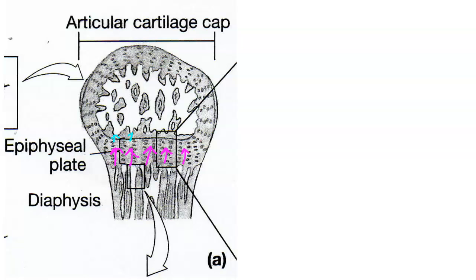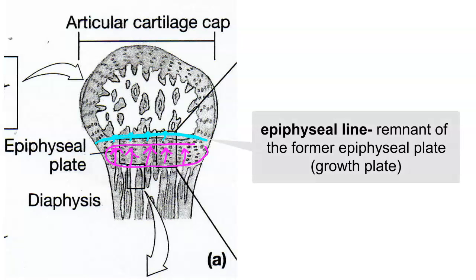Because we're not getting equal cartilage growth, eventually the bone is going to catch up to the cartilage, and once the bone invades and catches up to the cartilage, it will just leave a thin remnant of cartilage, and that's known as the epiphyseal line. So the epiphyseal line is what the epiphyseal plate was. It's a remnant of the epiphyseal plate.